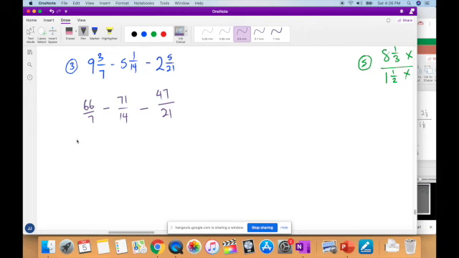Maybe I could say, what if I pull out 1 over 7? So that'll be 66 over 1, minus 71 over 2, minus 47 over 3.